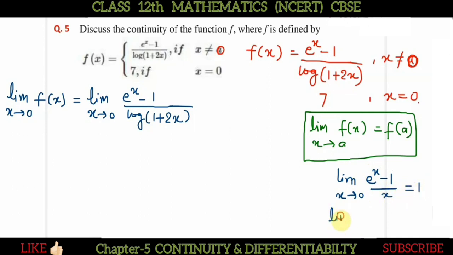And another formula is limit x tending to 0 of log of 1 plus x upon x, it is also 1. Now if we look at this question, a similar pattern is coming: e to the power x minus 1 upon log of 1 plus 2x. So we will try to determine it in a similar way.